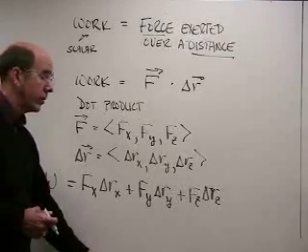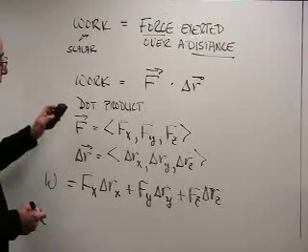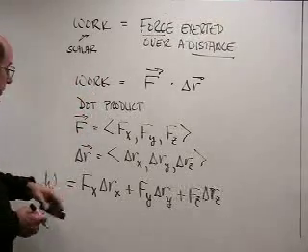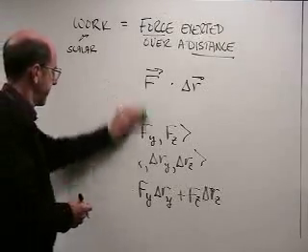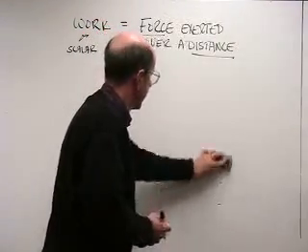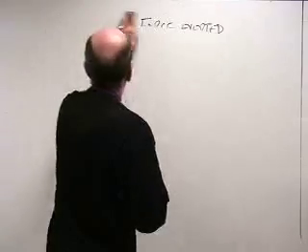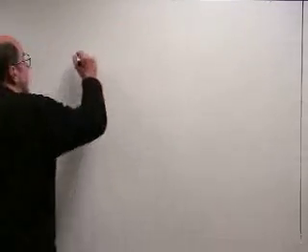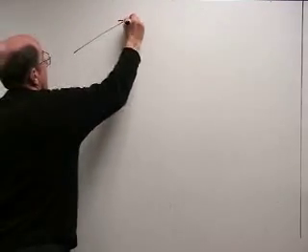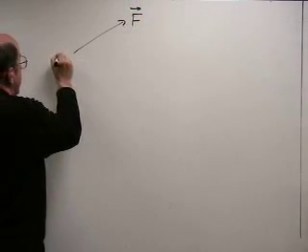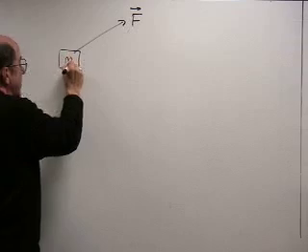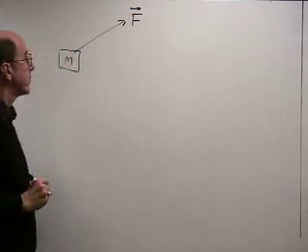There's another way to express a dot product that involves angles, drawing the vectors and making angles between them. So I will erase this. Suppose I have a force that's going off like this, a force vector, and let me put in the object just to emphasize that there is some physics in here, not just math.